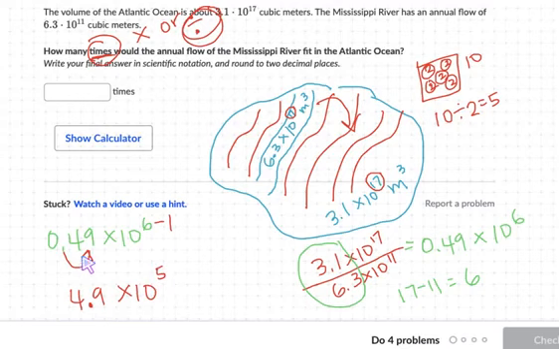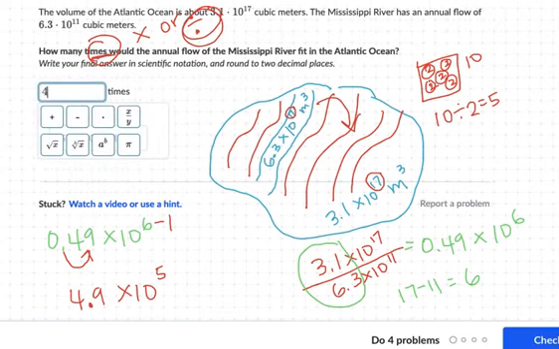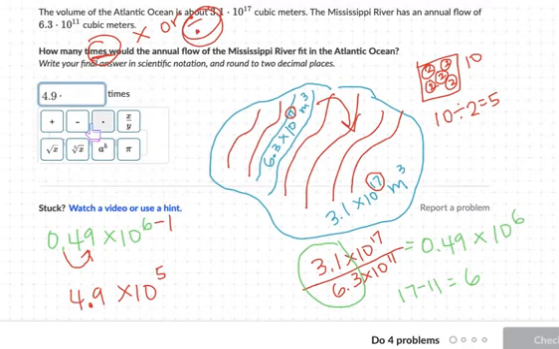So it should be 4.9 times 10 to the 5th power. So it's a really big number. 10 to the 5th power would be like 4 zeros in the back. So this is 490,000 times that it would take for the Mississippi River to fit into the Atlantic Ocean.